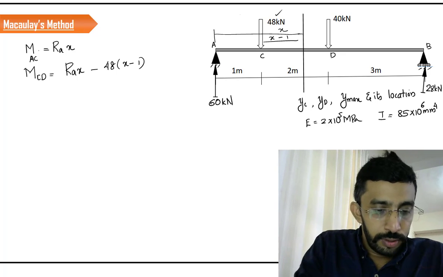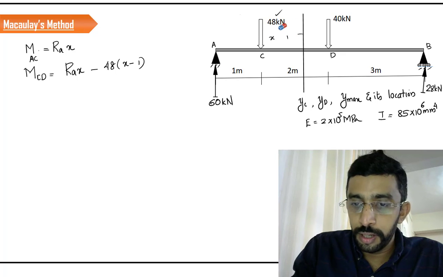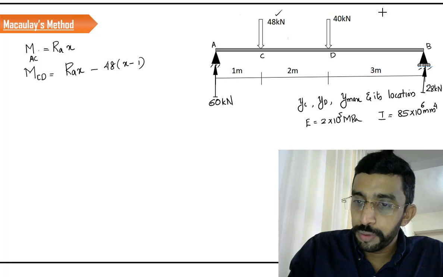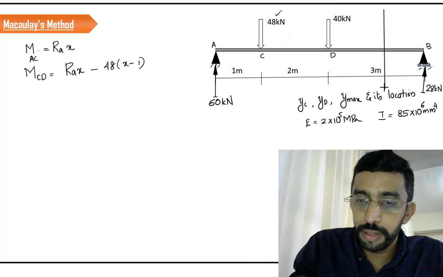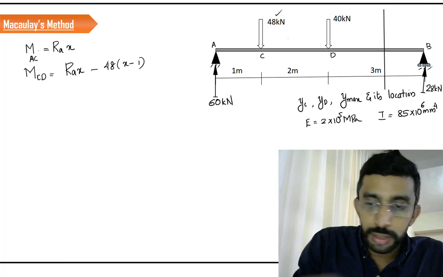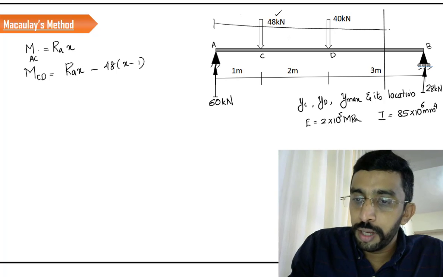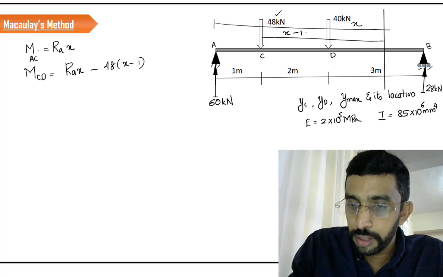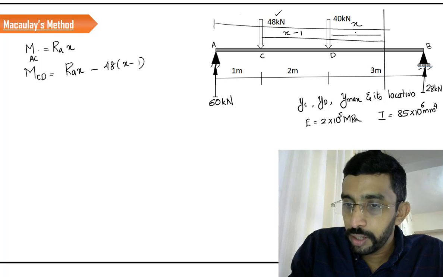Now let's move the section to the last portion, in between D and B, whose distance from A is X. The 48 is located at X minus 1 and 40 is located at X minus 3.